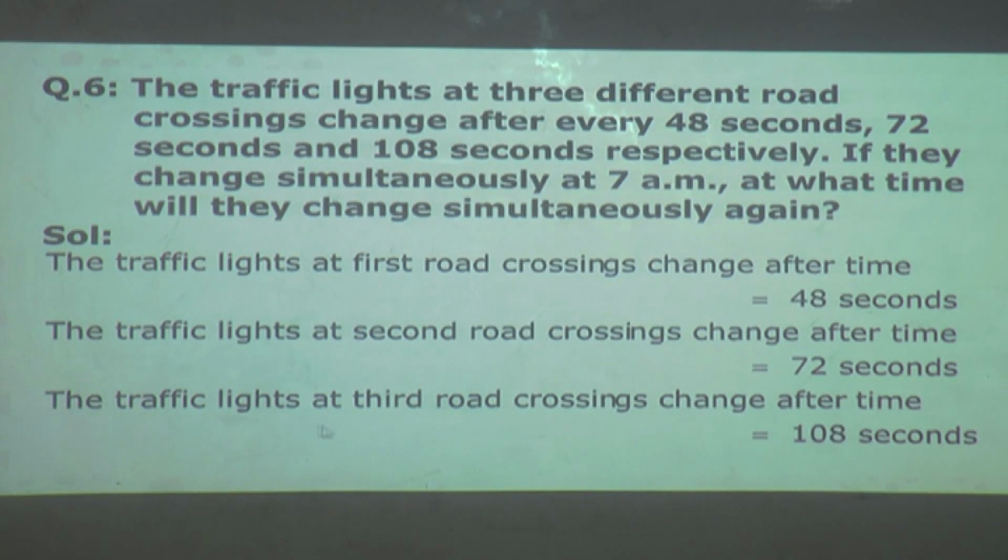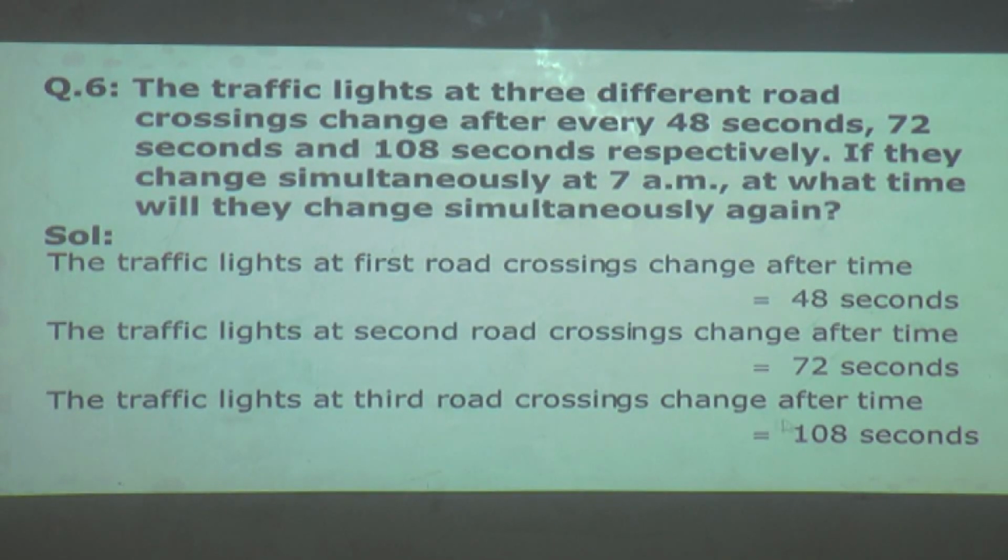And then the traffic light at third road crossing changes after every 108 seconds. As we have seen in the question, three traffic lights change after 48 seconds, the second after 72 seconds and the third after 108 seconds.